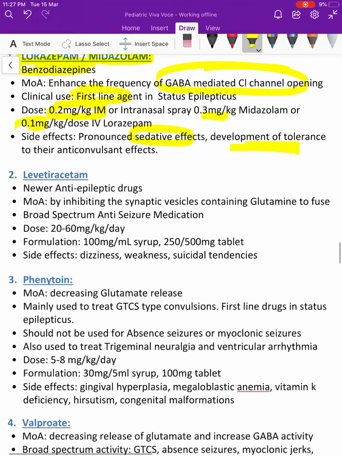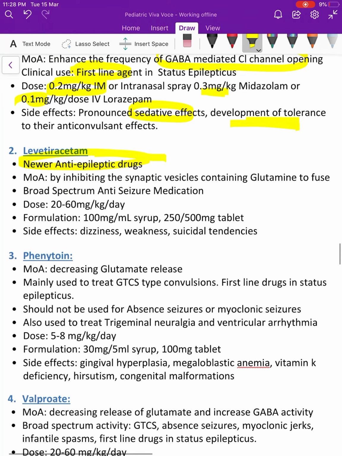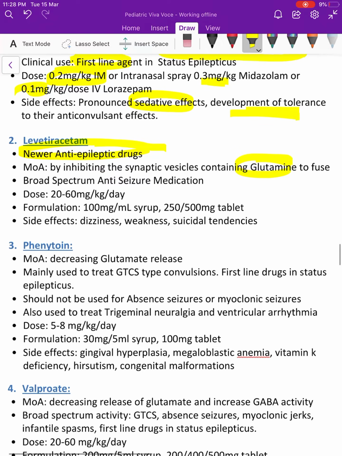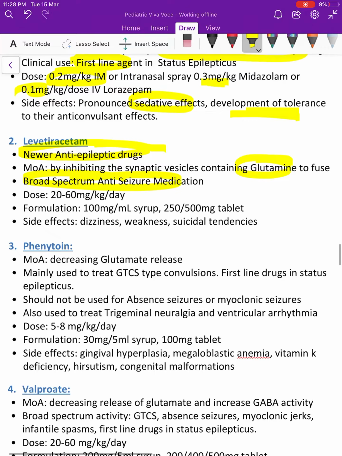Next is levetiracetam. This is one of the newer anti-epileptic drugs. It acts by inhibiting synaptic vesicles containing glutamate from fusing. So it inhibits the synaptic vesicle fusion to the membrane, correct? So in the end, glutamate is not released, which is one of the excitatory neurotransmitters. So it is a broad spectrum anti-seizure medication.